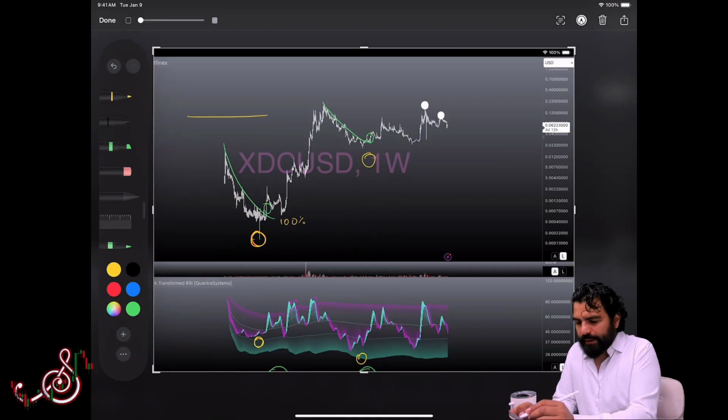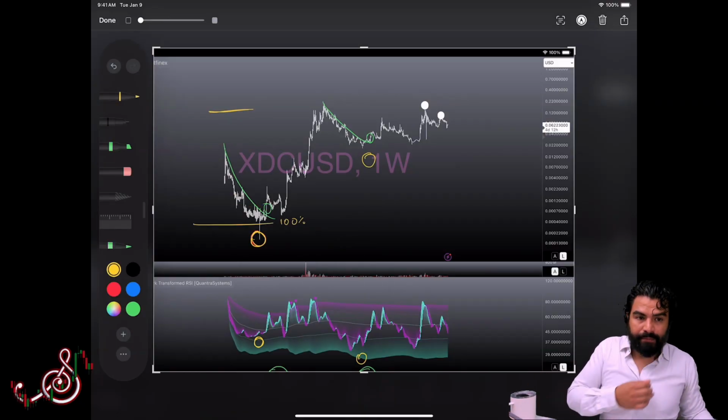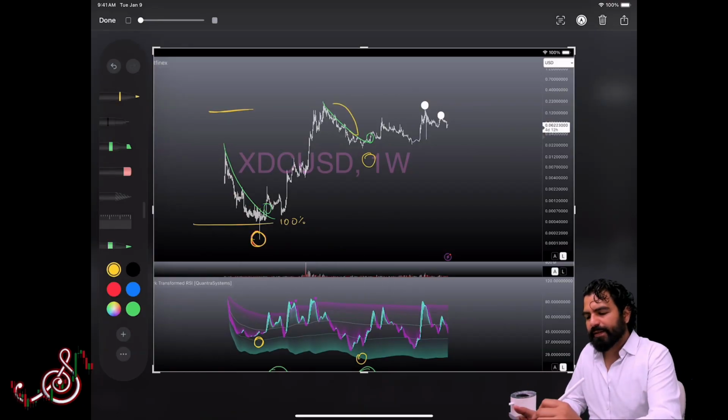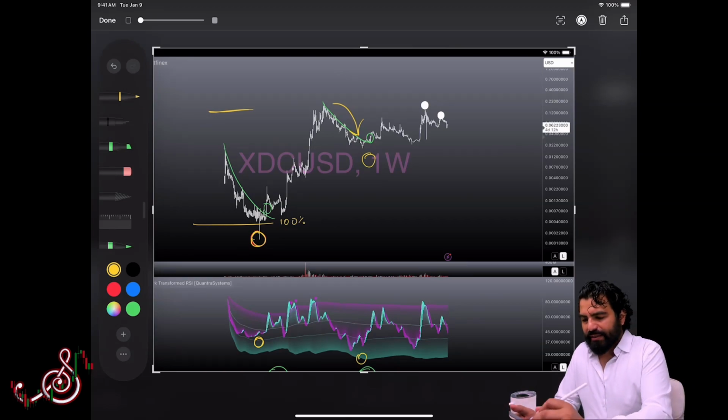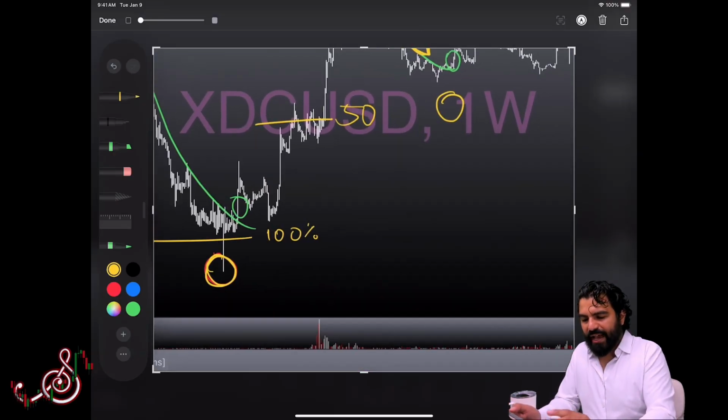Give me a number. Nobody? How far is this? 70. 70%? Let's measure. So halfway is about 50%, right? A move down here would be 100%, all the way back. What's half between 50 and 100? 75.